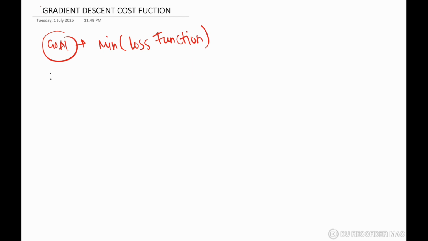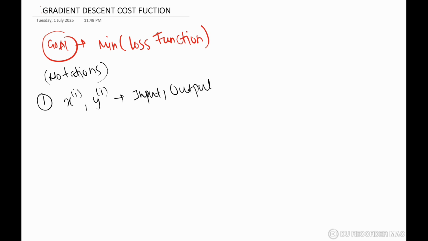First of all, we have to define the notations. Firstly, our input features and output features. X ith and y ith would be our input and output features respectively.